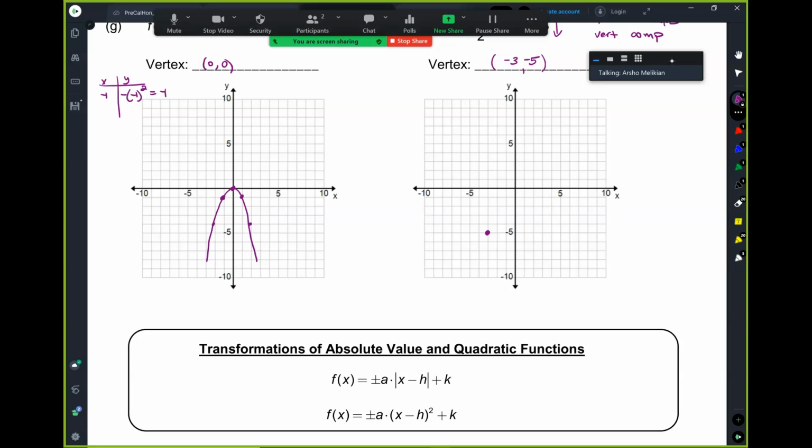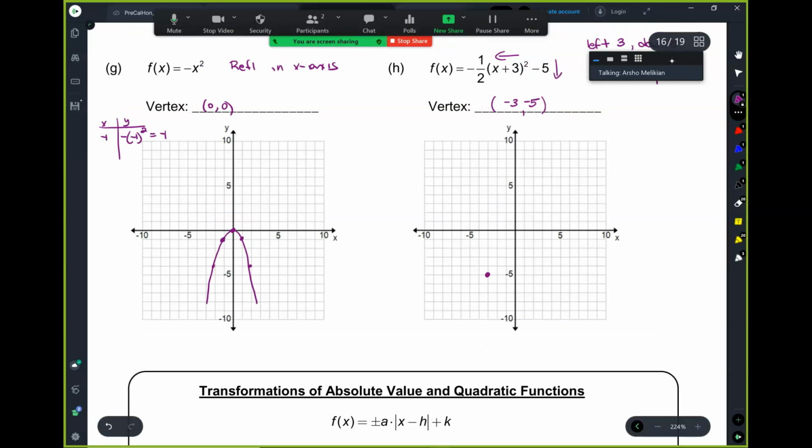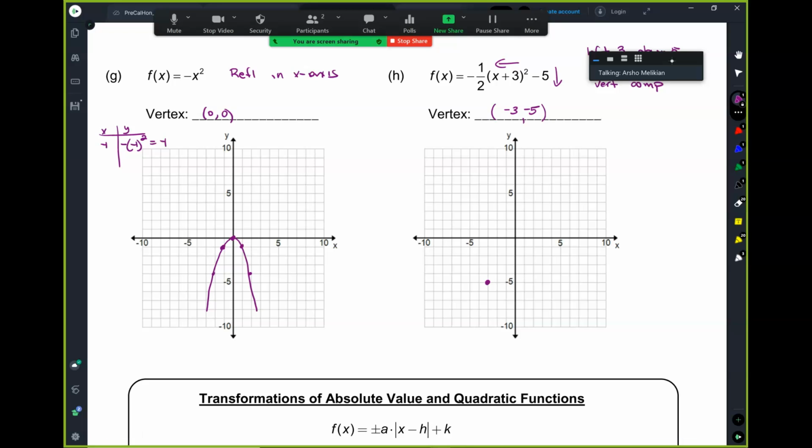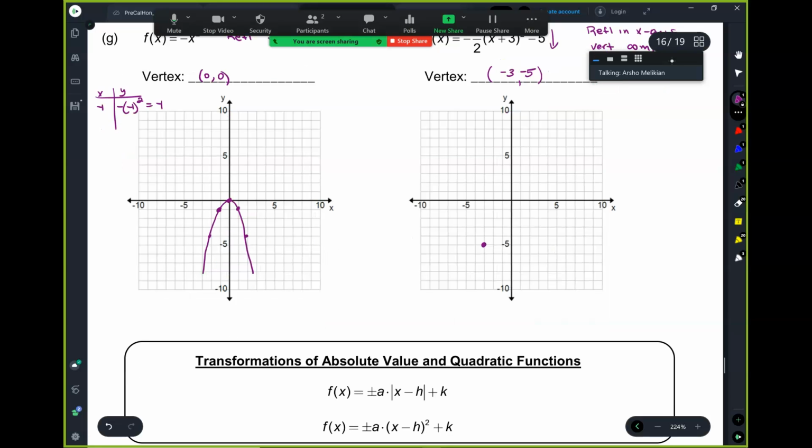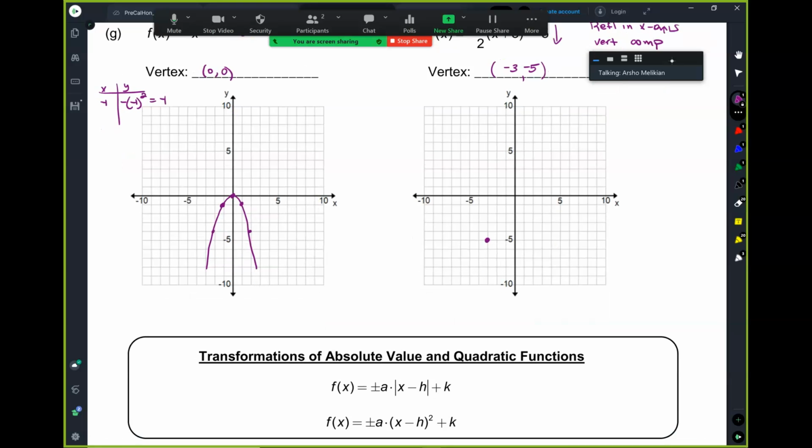Now, at this point, you can plug in points, or you can do it the other way. All right? So let's try to plug in points, because I want you to know what points to plug in. The vertex is at x equals -3, right? When you plug in points, it's best to plug in like 2 to the right and 2 to the left, right?